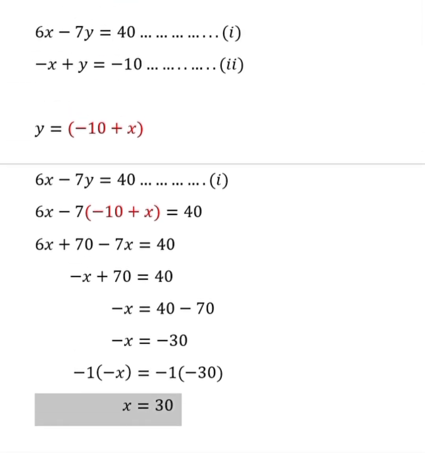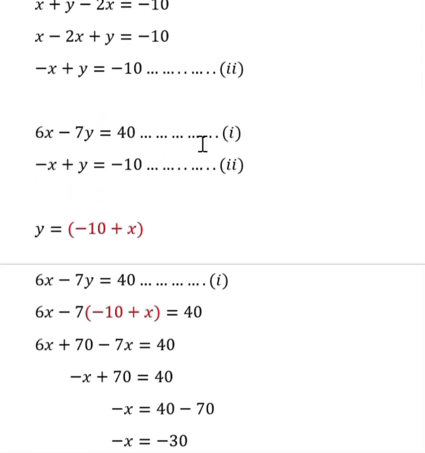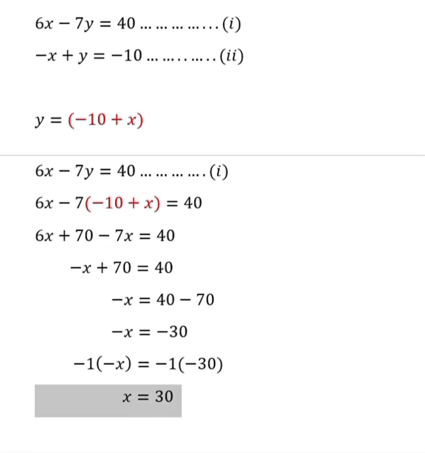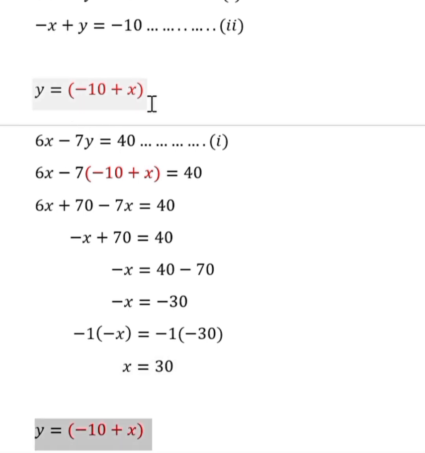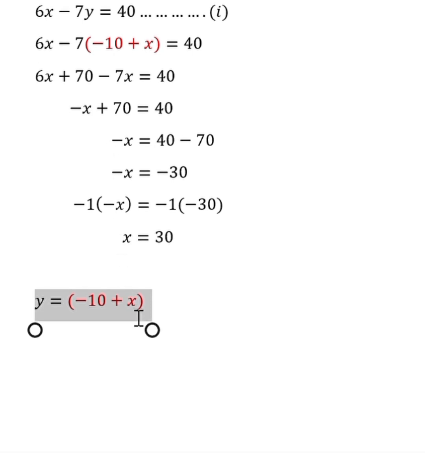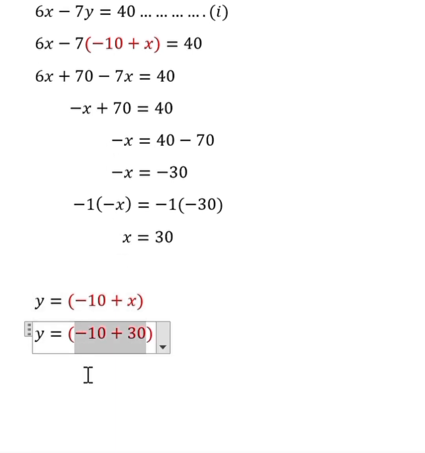Now, use the first simultaneous equation, or the second one, or even this one, where you see x, substitute it with 30 to help you get y. In our case, I've decided to use this, so we shall take y being equal to minus 10 plus x, substitute 30 here, we shall have y being equal to minus 10 plus 30, and that means y is equal to 20.